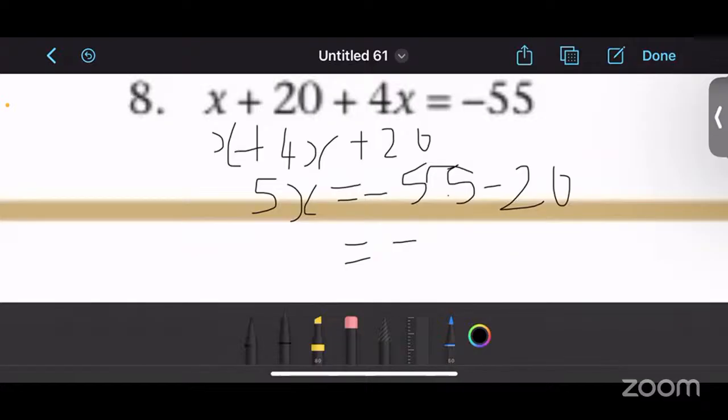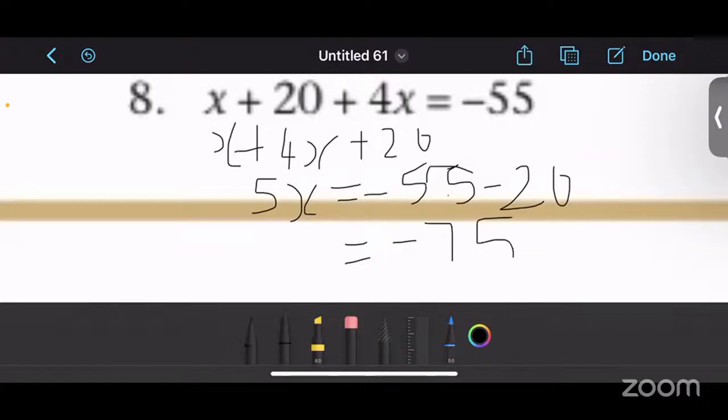You go to your sister and you want to buy chocolates, and she gives you 55 rands. How much do you owe her? 55 rands. And the following day you go to her again and say, I want to buy sweets today, and she gives you 20 rands. How much do you owe her? 75 rands. So that means it's going to be minus 75.